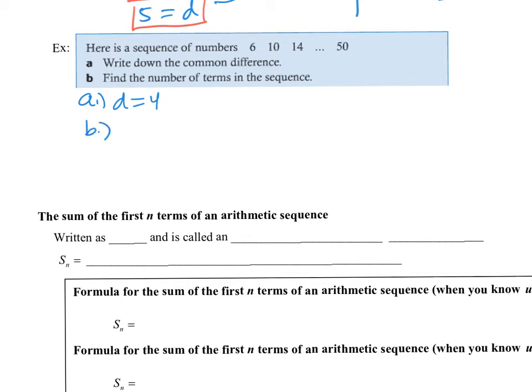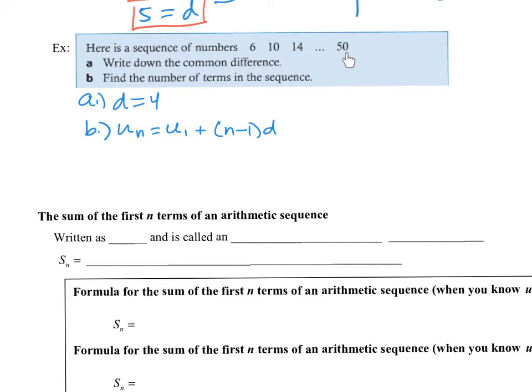Then letter B says, find the number of terms in this sequence. So let's start with our formula for the nth term. u sub n is equal to u sub 1, the first term, plus n minus 1 times d, the common difference. So we know that our nth term is 50. Now we don't know if that's the 10th term or the 50th term or the 60th term.